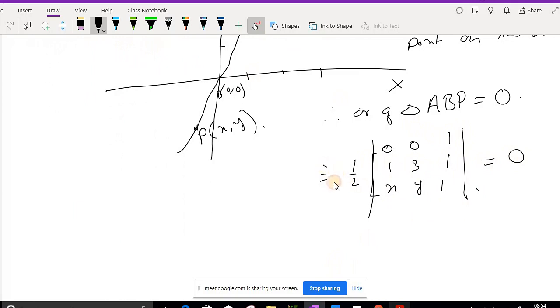Okay, so this thing is equal to 0. Now expanding along which column or row? Expand along r1 koribo lage. Because you have two zeros here, you will be using that one.